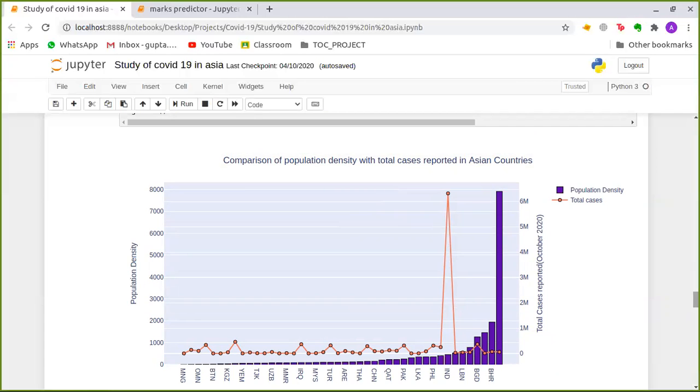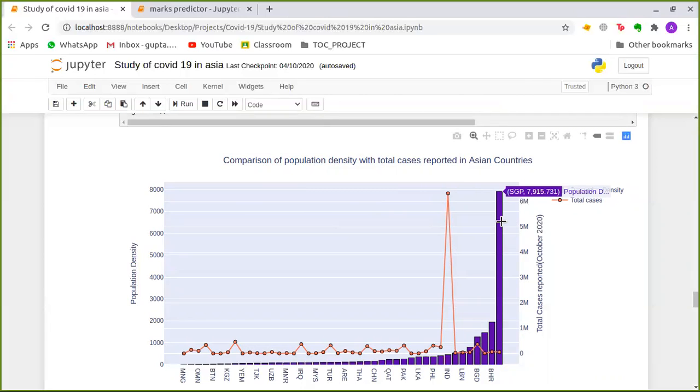Another indicator that I use over here is population density. Since we know that COVID-19 is a communicable disease, that's why we follow the social distancing principle so as to prevent ourselves from getting infected. I tried to conclude what the existing number of cases are in countries with higher population density.